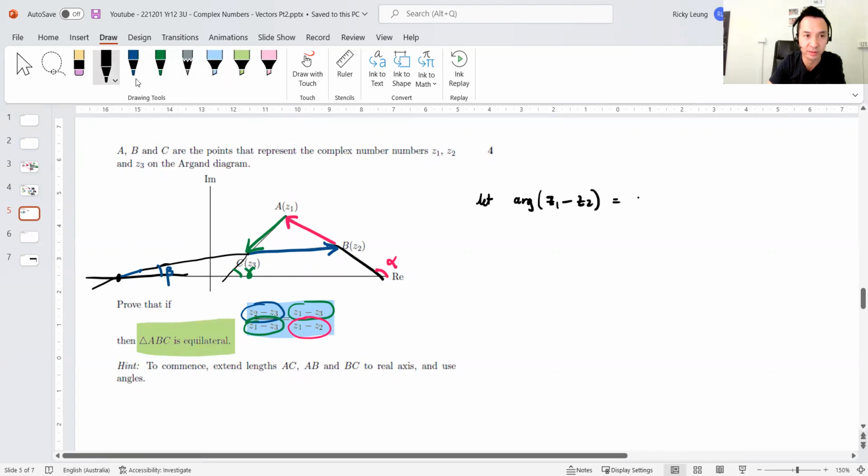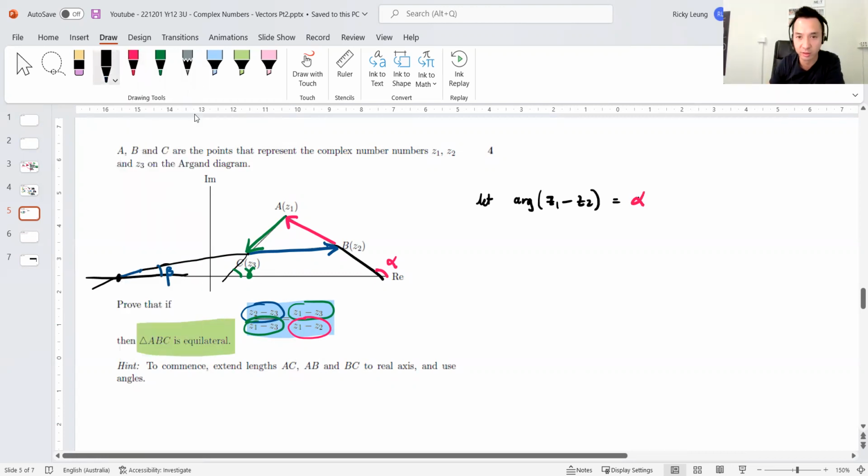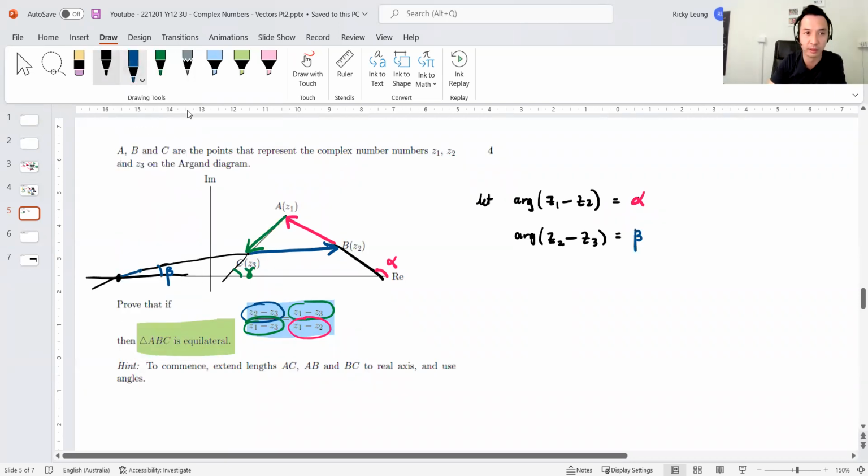Now, should I use colors? Yeah, let's do it. Let the argument of Z2 minus Z3, this one here, equal beta. And then let the argument of the green one, Z1 minus Z3, equal gamma. Wait a second.